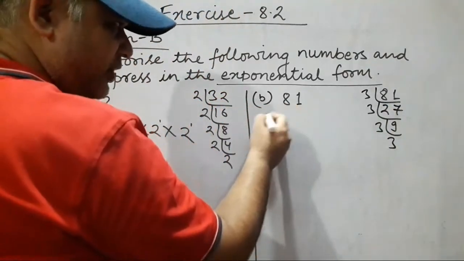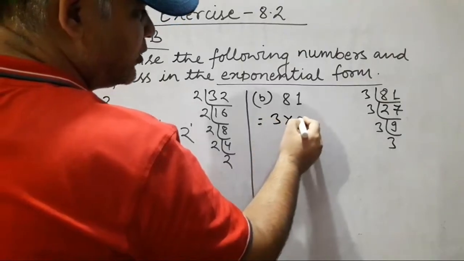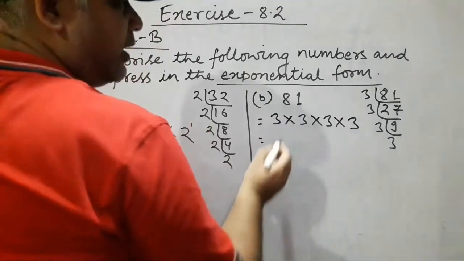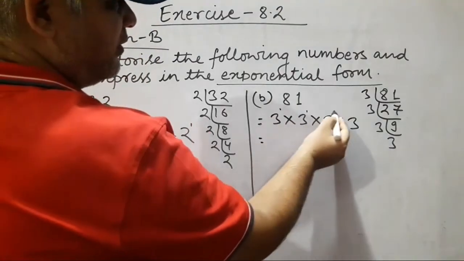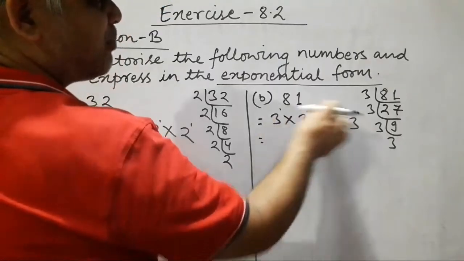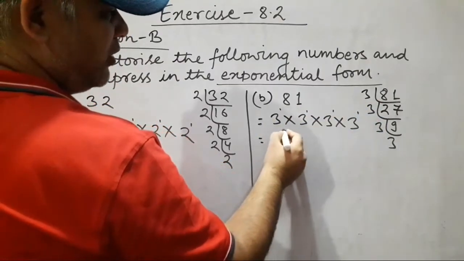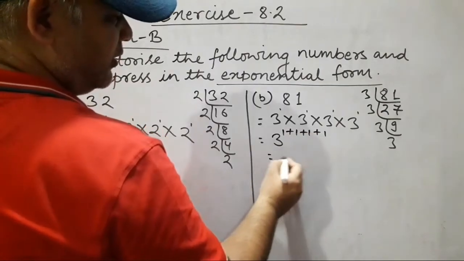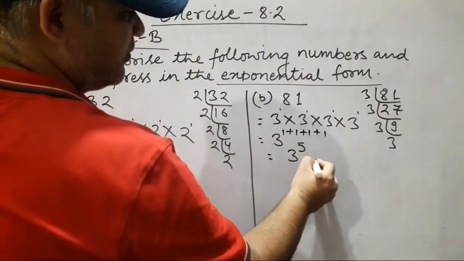So 81 can be written as 3 into 3 into 3 into 3. Here the powers are 1 and the same bases are multiplied, so their powers are added. 3 power 1 plus 1 plus 1 plus 1, 3 power 4.